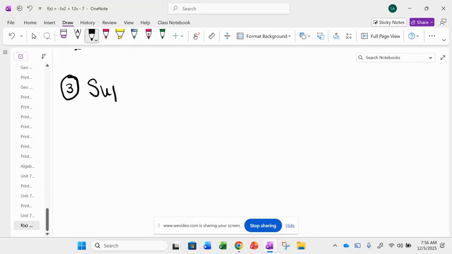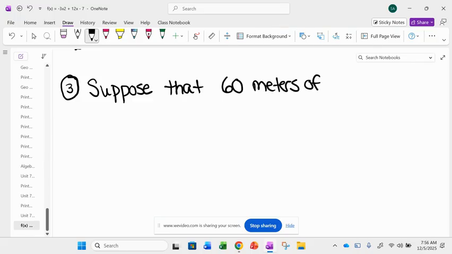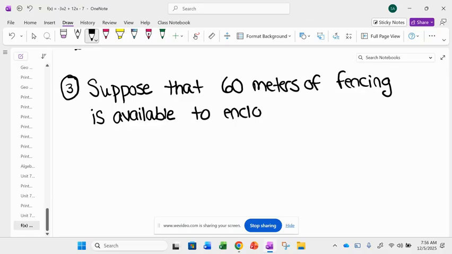Okay, suppose that 60 meters of fencing is available to enclose a rectangular garden.